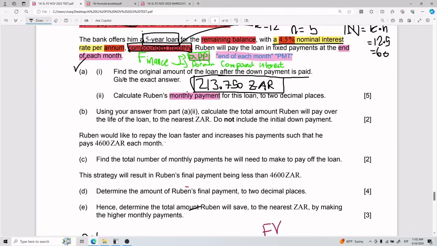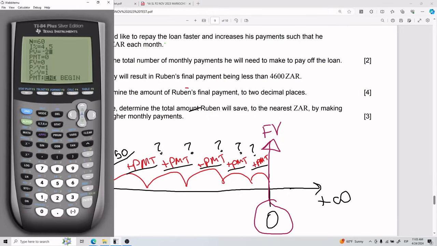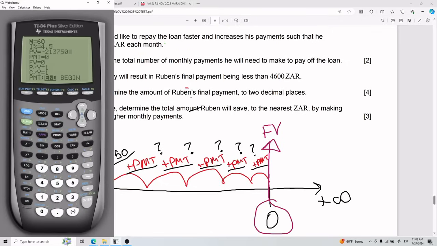And so part A, part double I is how much PMT is he paying? So this right now just revealed that your PV is negative 213,750. Notice PV is negative, because it's a loan. So because it's a loan, you have a negative PV. He owes money, he has negative money. So that is my PV.